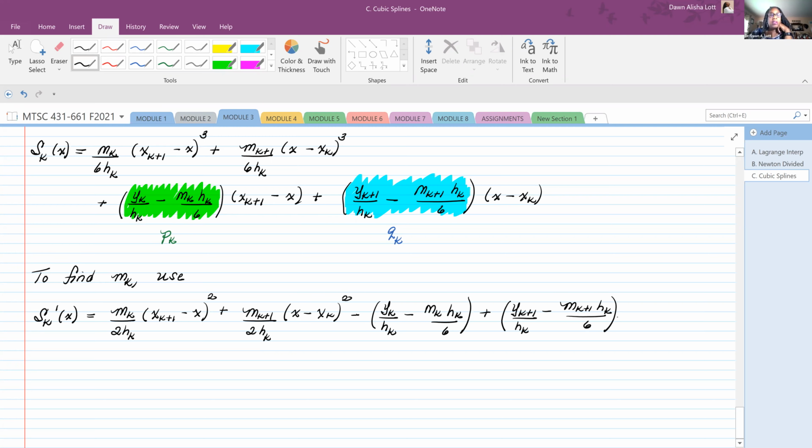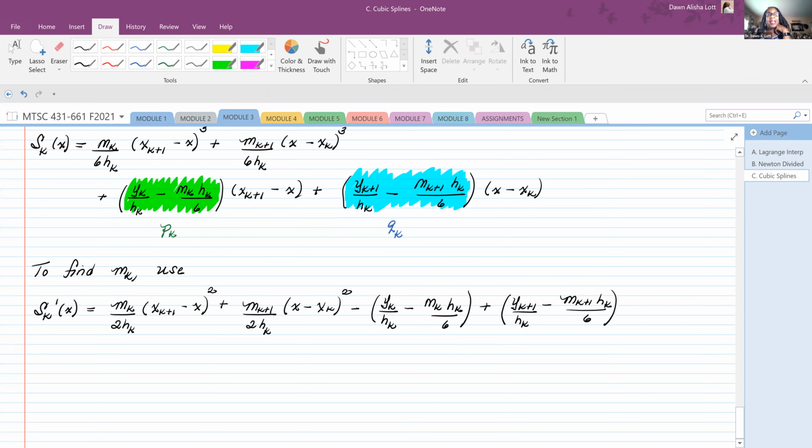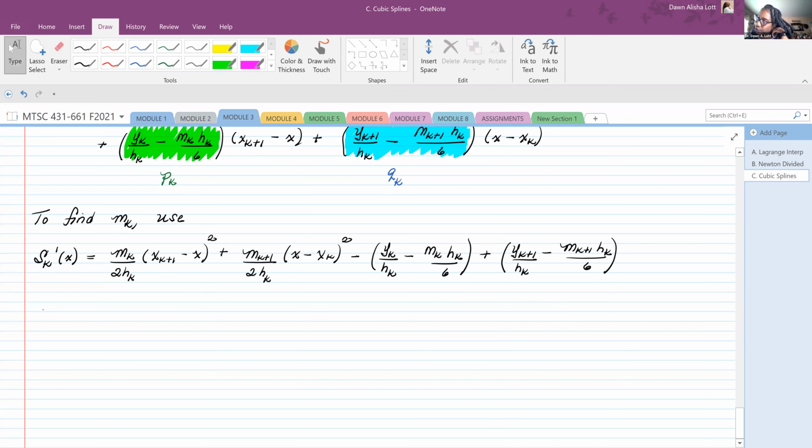All right. So now let's evaluate that at x_k. So S_k prime, evaluated at x_k. When I put x_k in here, this becomes h_k, so that becomes h_k squared.